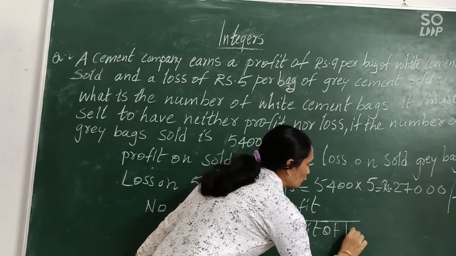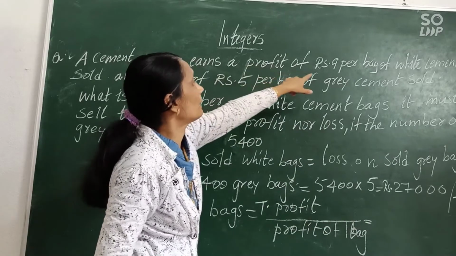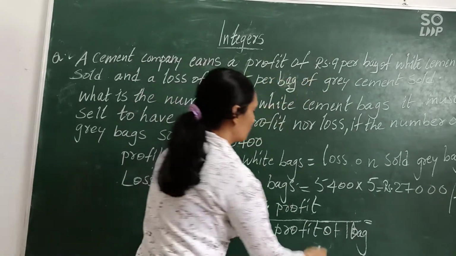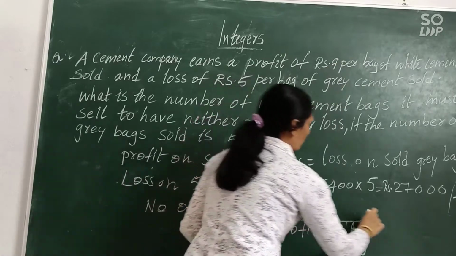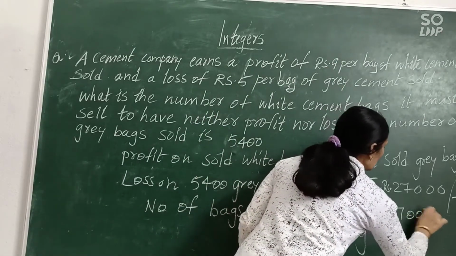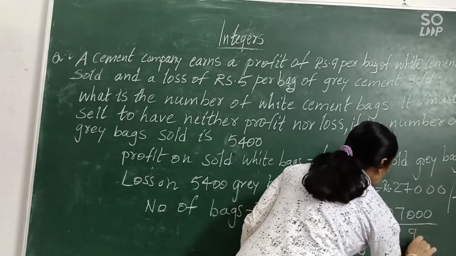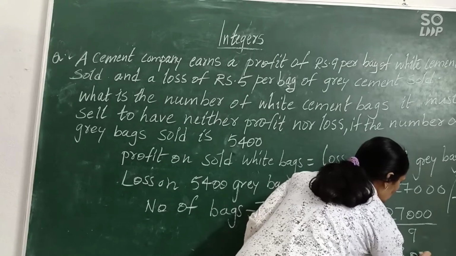What is profit of one bag? 9 rupees. Okay, just solve. Profit per bag is equal to 9 rupees. So we can write 27,000 by 9. So how much is this? 3,000.